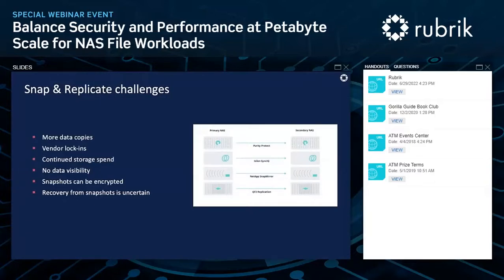Because you can only replicate between the same vendors, you end up in a vendor lock-in. You continue to spend money with this vendor. You have no data visibility. And because primary and secondary NAS often share credentials, you end up being more vulnerable to a ransomware attack. And those snapshots can actually be encrypted. So again, we are facing uncertain recovery and missed SLAs.